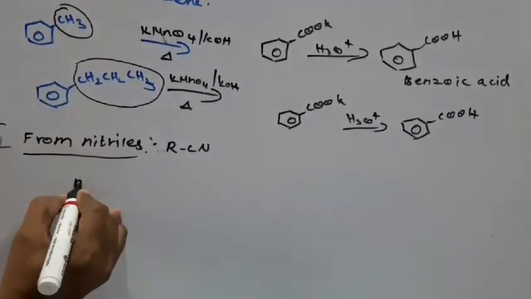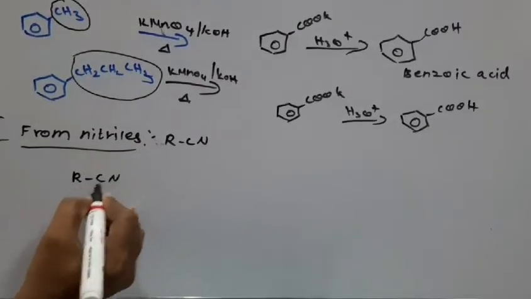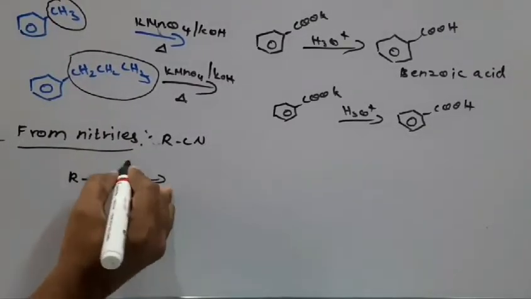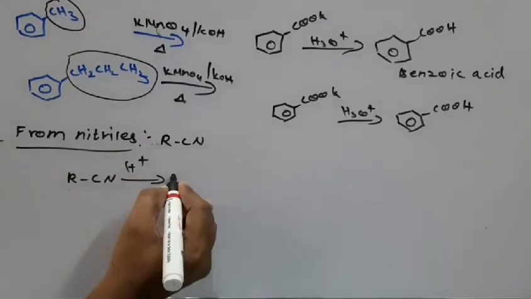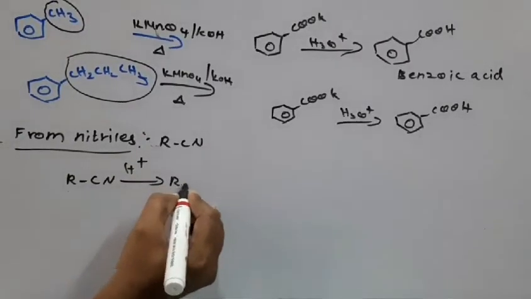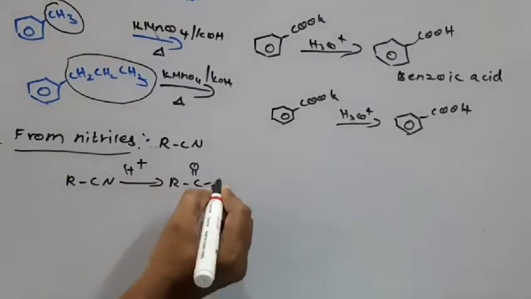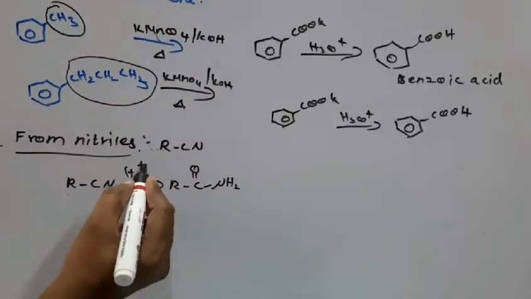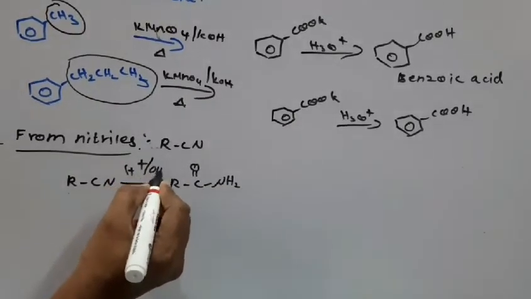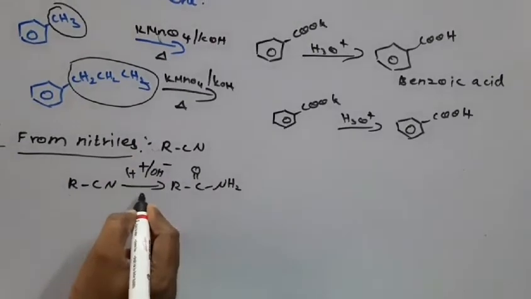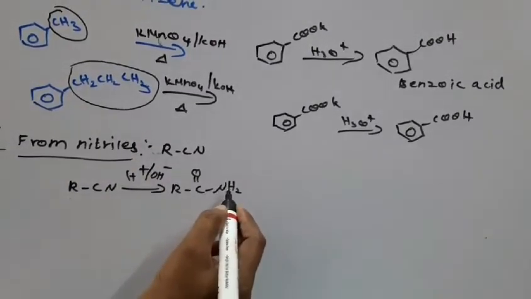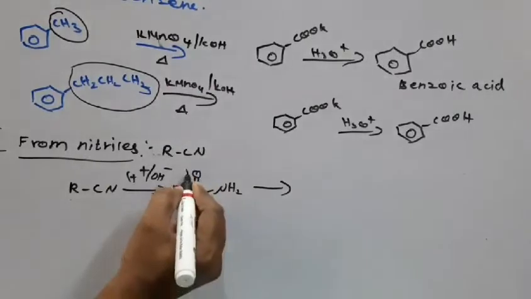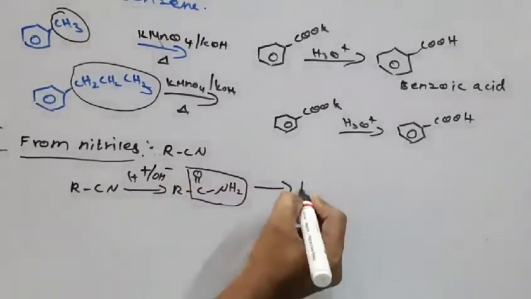For example, alkyl cyanide with H plus first produces alkyl amide, RCONH2. This reaction takes place in acidic or base medium to produce amide. This amide gets converted to give acid.